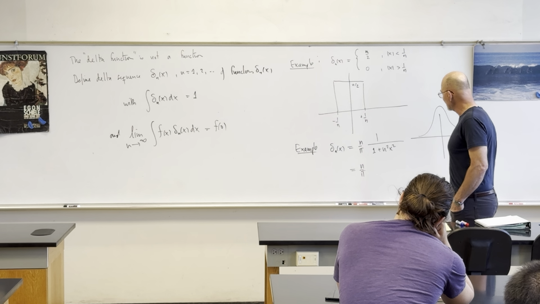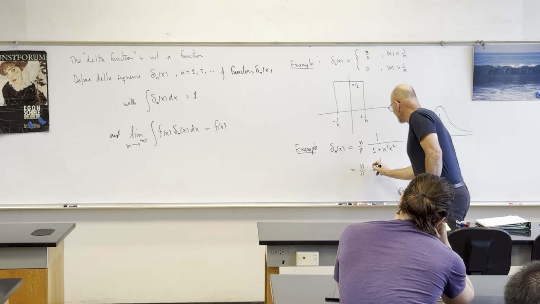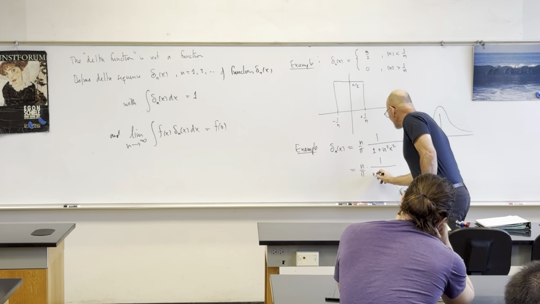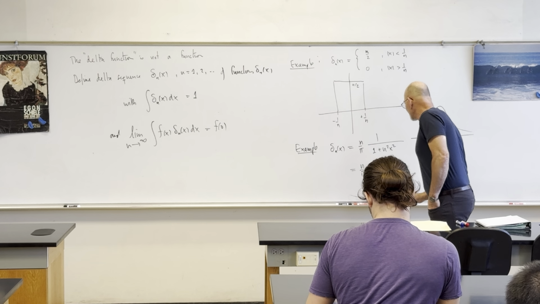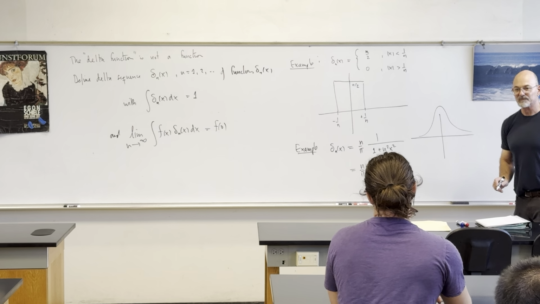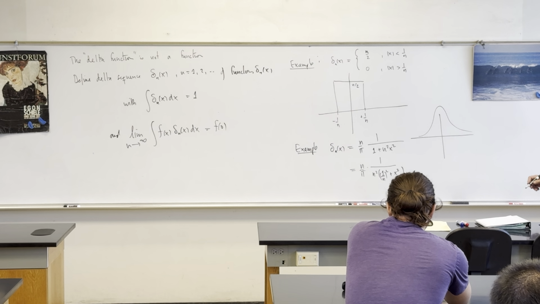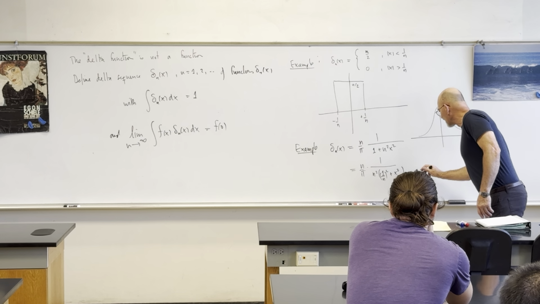Should have saved this for the exam, but let's do this. n squared times 1 over n squared plus x squared. I'm giving away the game here, but that's all right.